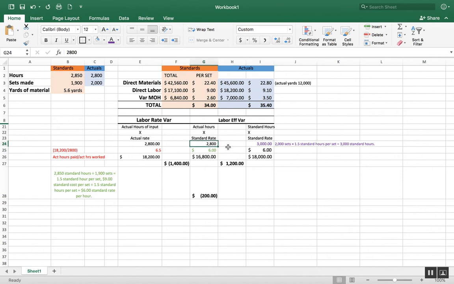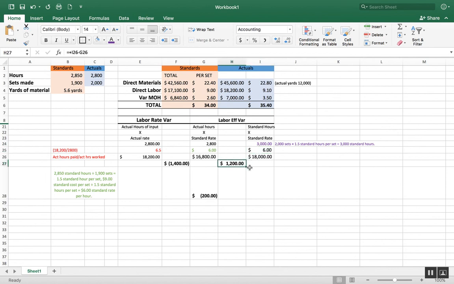Remember, we actually only used 2,800 hours. Okay, the rate stays the same, because remember, we're not actually looking for the rate anymore. We look for the rate variance over here. Now we're going to keep the rate consistent and say, hey, how many hours did I actually work, and how many should I have worked putting that many car sets together?